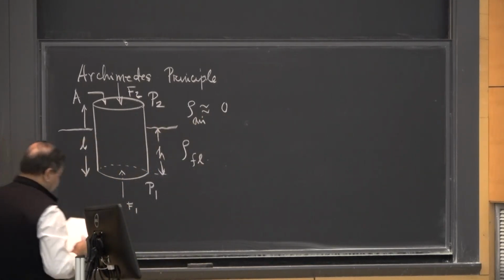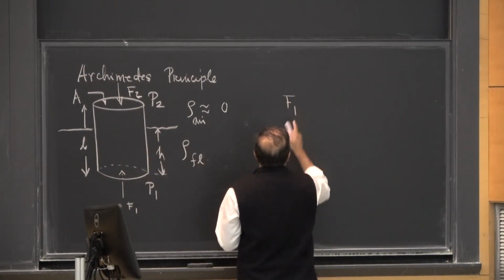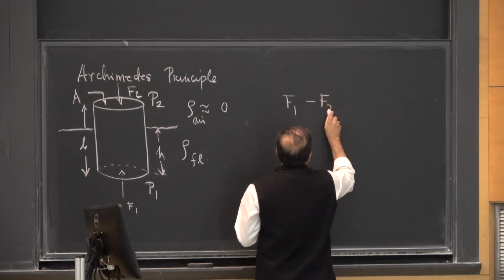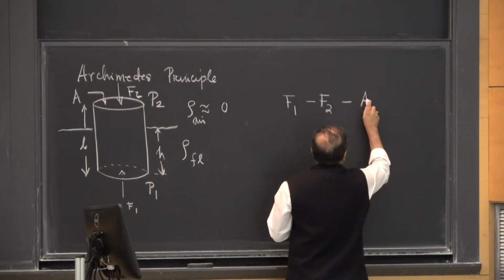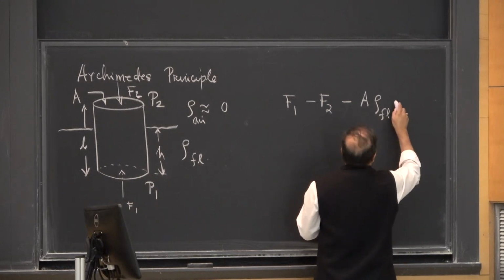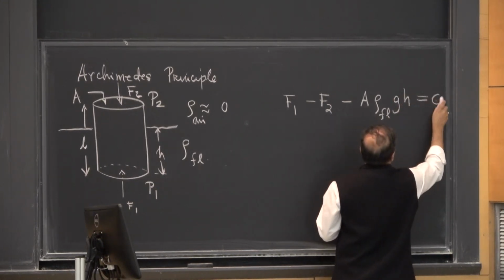So the idea again here is from Pascal's principle we can say F1, which is the one below, minus F2, which is the one from above, equals area times density of the fluid times g times H. This is what Archimedes basically said happened.